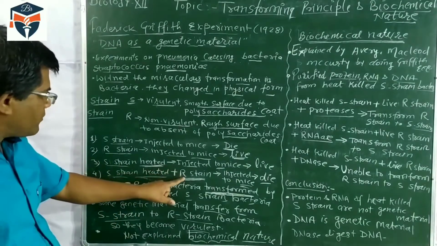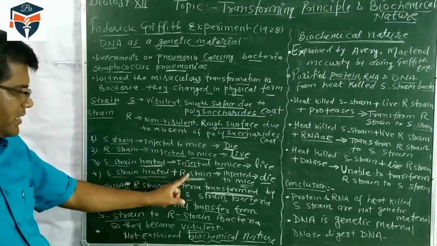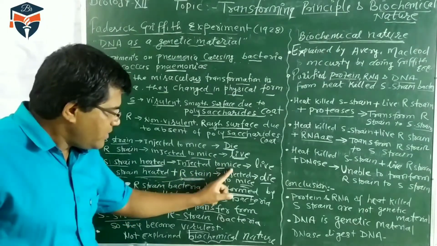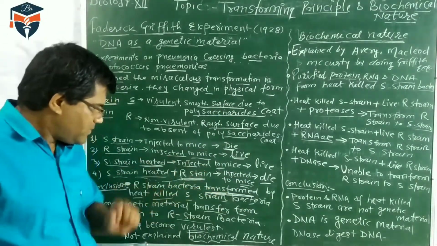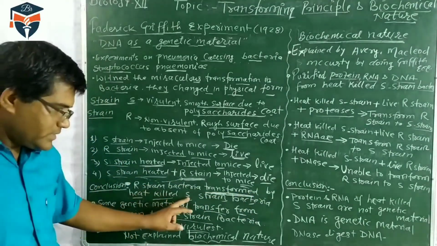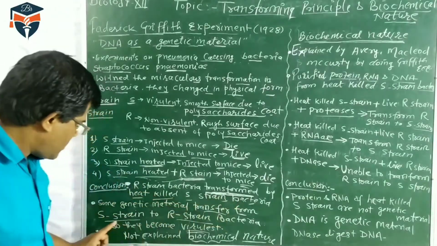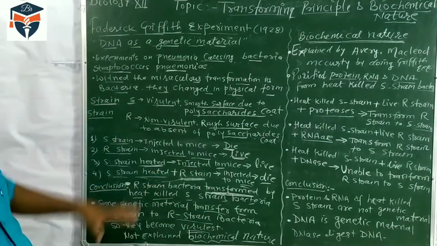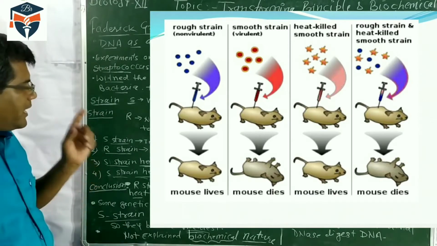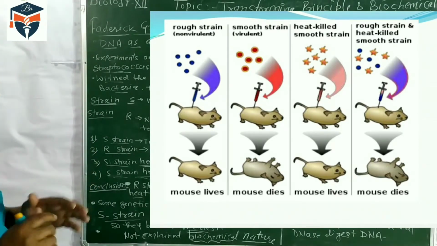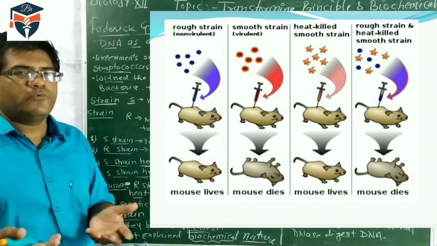So R is a non-virulent strain, but when heated S strain is mixed with it, it becomes virulent, and when injected it leads to death. So the R strain bacteria is transformed by S strain bacteria, and genetic material of the S strain is transferred to the R strain. In this picture you can see all four experiments. First, S strain injected into mice, they die. R strain injected, they live because pneumonia is not caused.